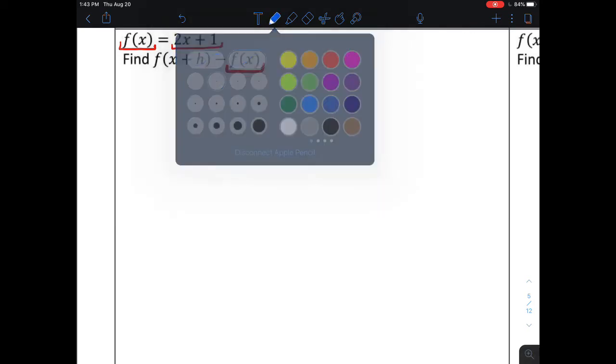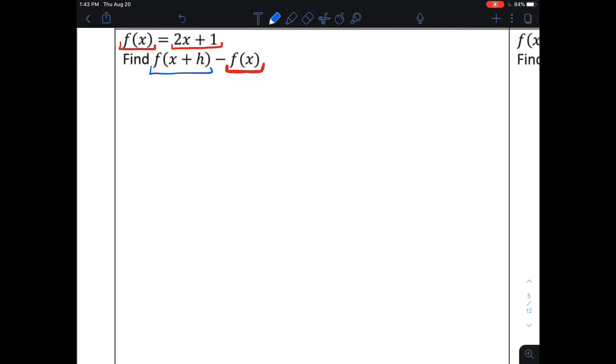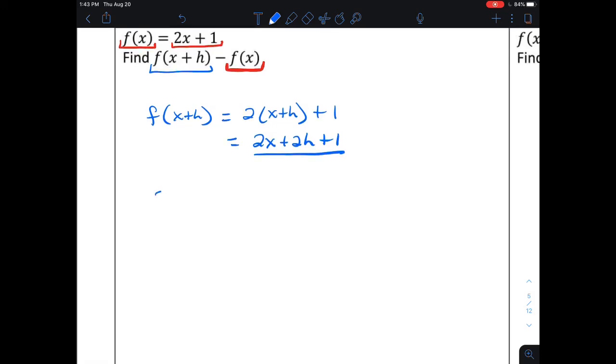Now, I still need to find what f of x plus h is. So f of x plus h, I'm going to replace the x with x plus h, and then simplify. So 2x plus 2h plus 1 is what f of x plus h is. Now I just put all these pieces where they go.